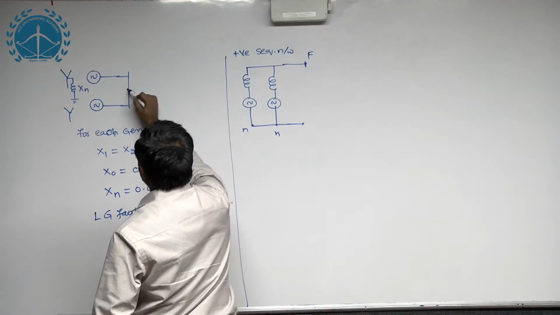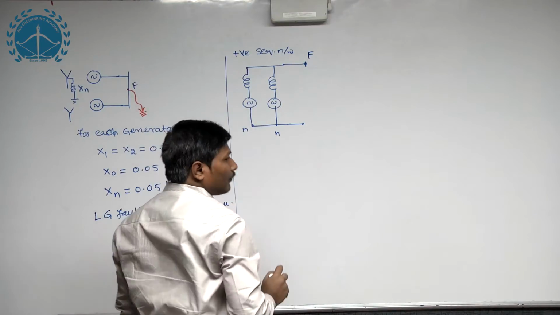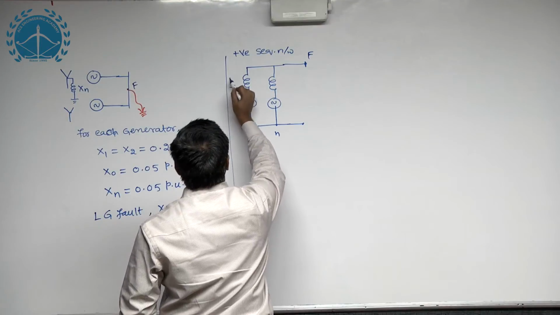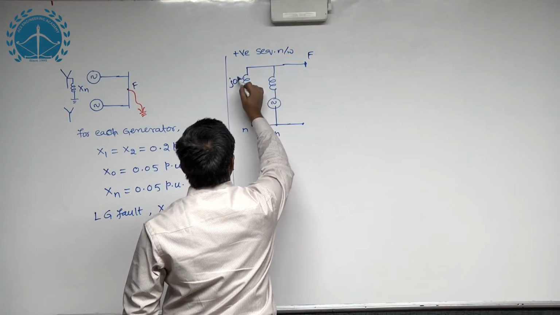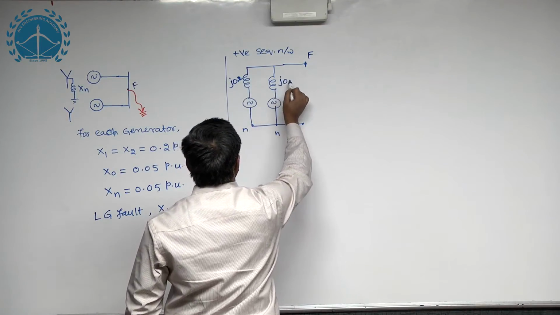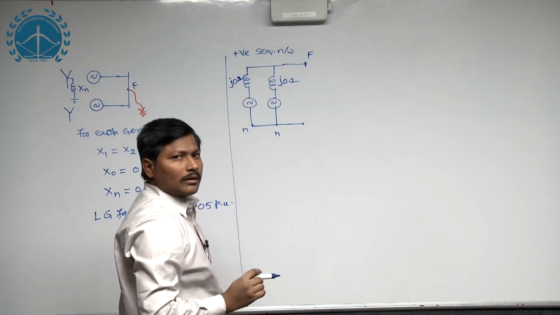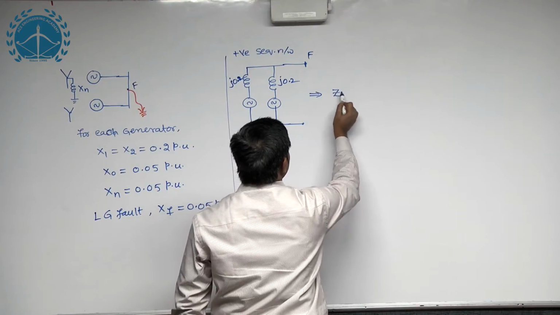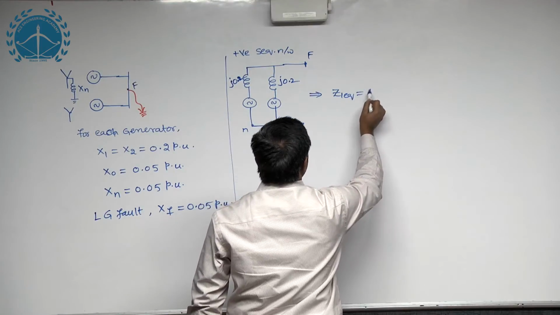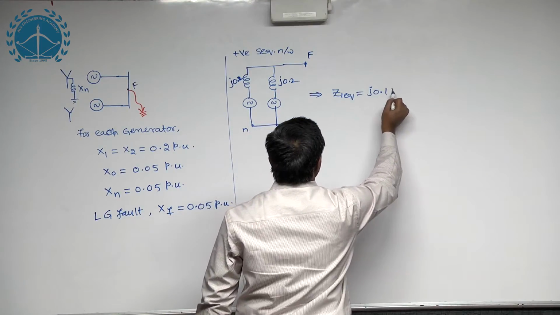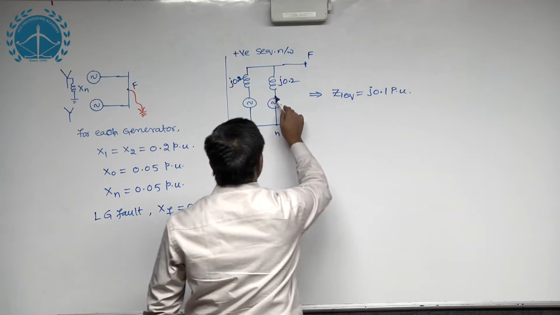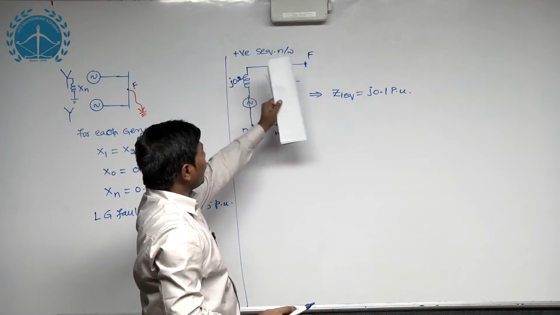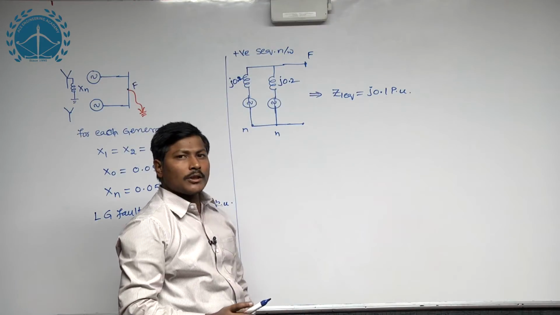This impedance, positive sequence impedance, is j0.2, and this impedance is also j0.2. You can check the positive sequence equivalent impedance with respect to the location of F: j0.2 in parallel with j0.2 is j0.1 per unit, by shorting the sources.